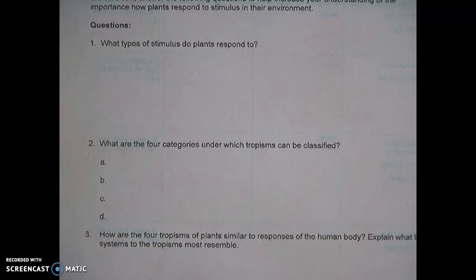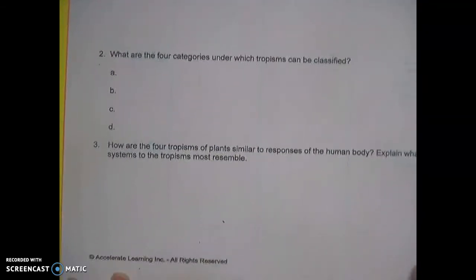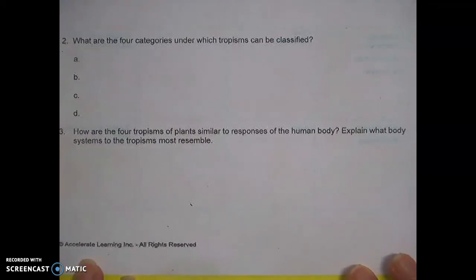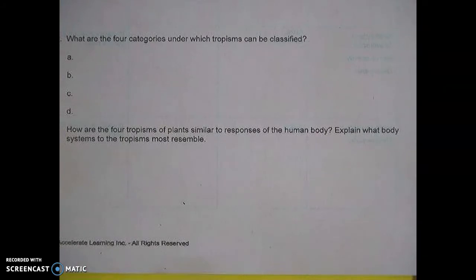I will give you my favorite, thigmotropism. That would fall under the category of touch. So the stimulus would be touch. So I'll have you do the other 3. Then they want you to think about how the 4 tropisms of plants are similar to responses of the human body.